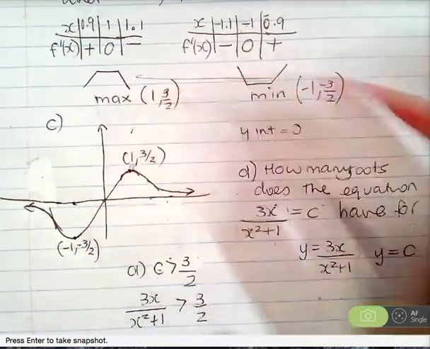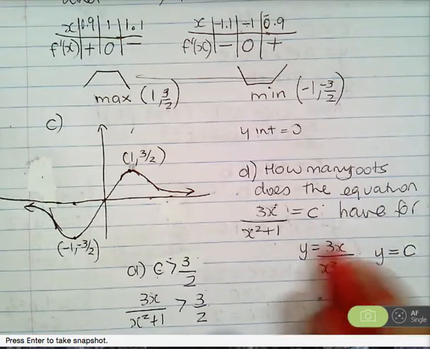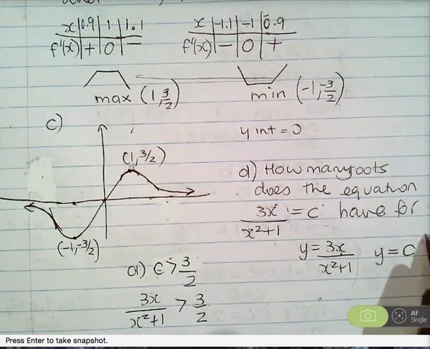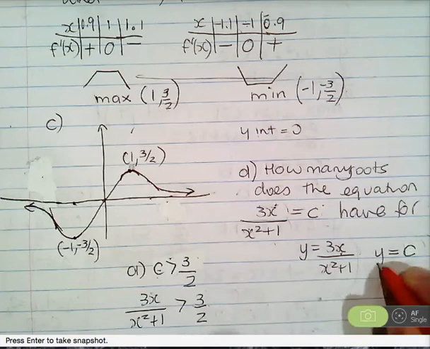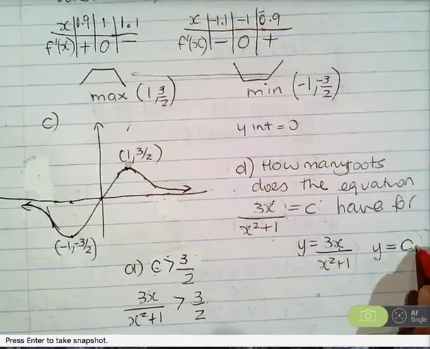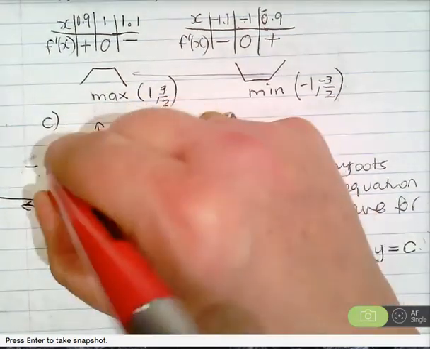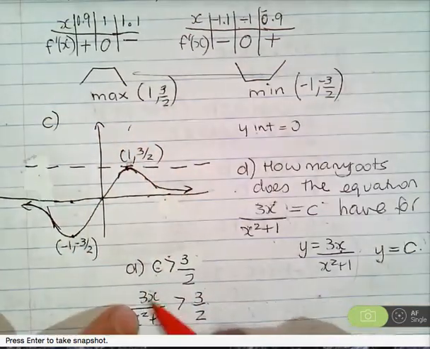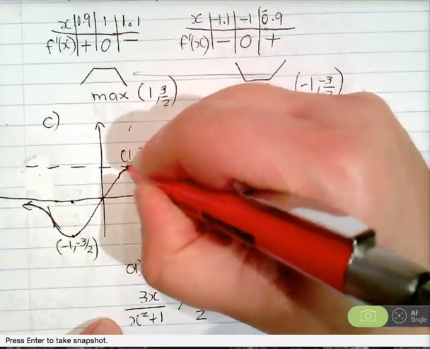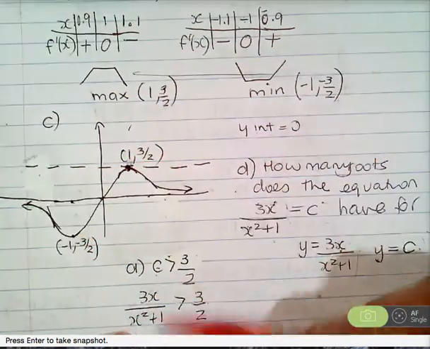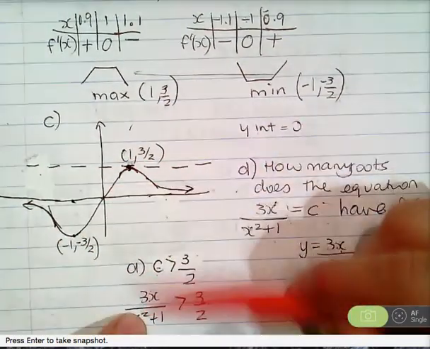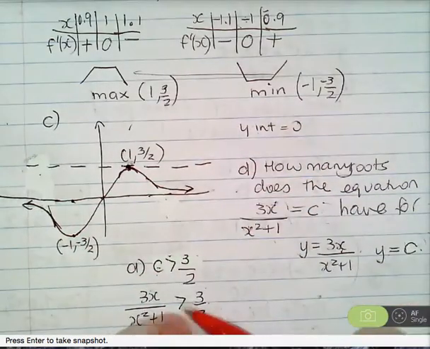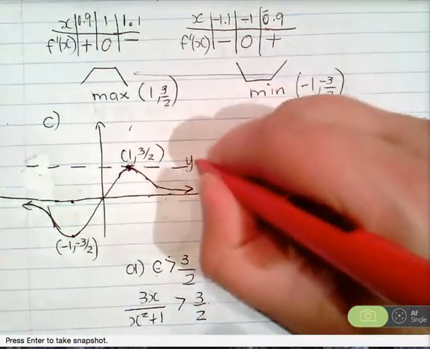Now, we're saying we should sketch that, which we have, and y equals c. Now, in our first case, y equals c happens to be 3 on 2. So I draw in the line at 3 on 2. Now that does touch 3 on 2, but is this curve, which is down here, ever greater than the line y equals 3 on 2?